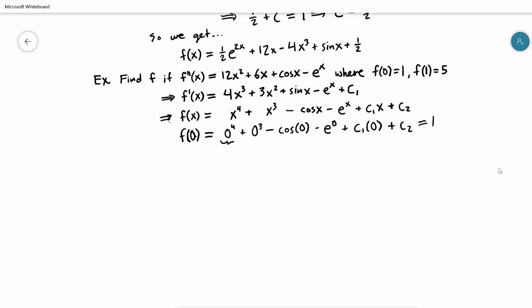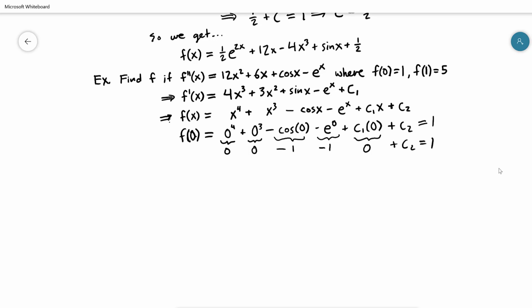So looking at all of these pieces, that one's 0, that one's 0. In this case, the cosine of 0 is 1. And so we have a minus 1 here. E to the 0 is also 1, and we also have a minus sign there, so we're going to get another minus 1. This term is just 0, and we have plus c2 equals 1.